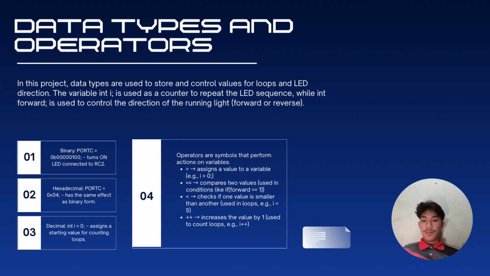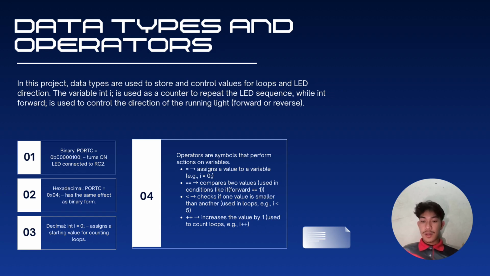So first we have binary PORTC. This is to turn on the LED connected to RC2. Then the second one we have hexadecimal. This is to have the same effect as the binary form. And then the third one is decimal int i.